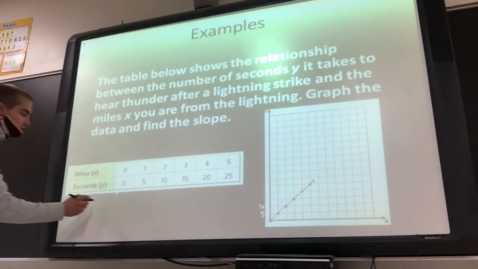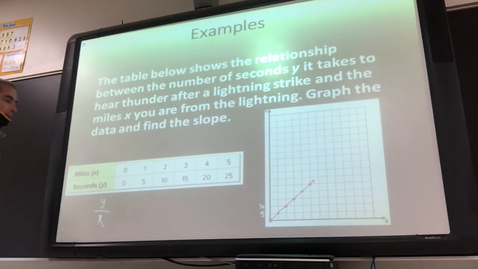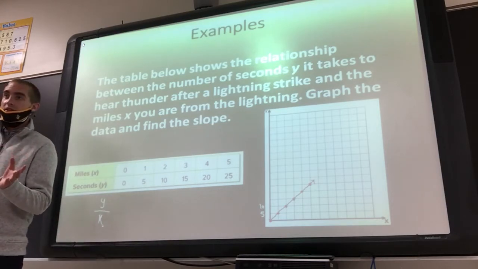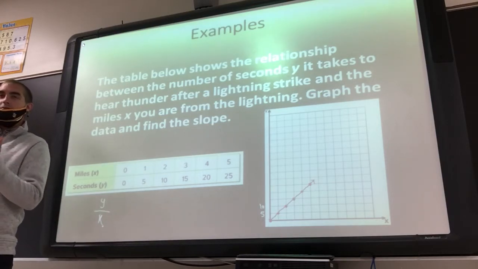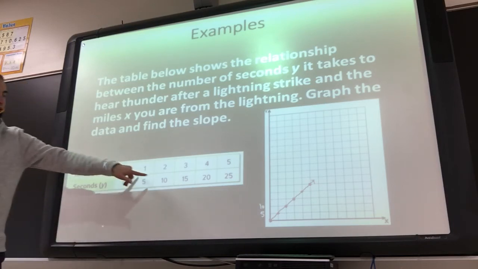So remember, slope is y over x. So what I'm going to do is choose 2 points on the graph. And it doesn't matter what 2 points they are, because it's always going to simplify to get me the same thing. So let's say I choose just these first 2.